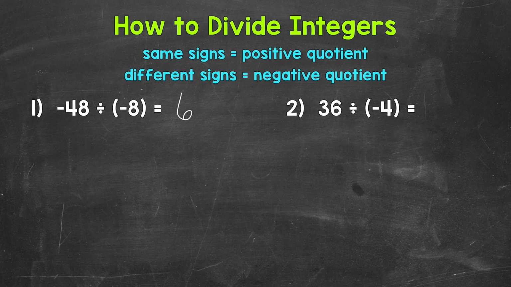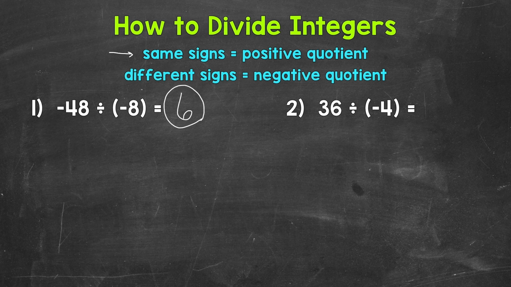Well, we had a negative divided by a negative. So anytime we have the same signs in our original problem, our quotient is positive. So same signs, positive quotient. So -48 divided by -8 equals a positive 6.